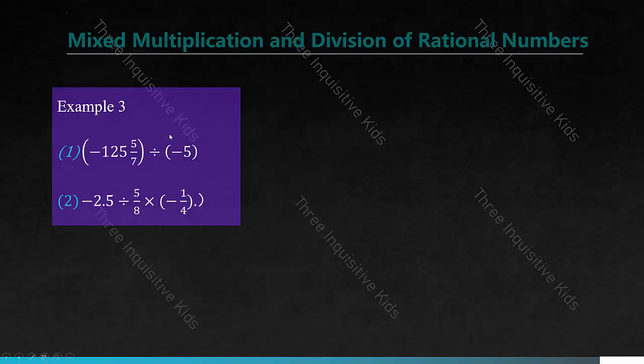Example 3. Negative 125 and 5/7 divided by negative 5. And negative 2.5 divided by 5/8 times negative 1/4. For solution 1, we already know that the quotient is going to be positive, so we don't have to write down the negative signs. Now we're going to solve for the absolute value.